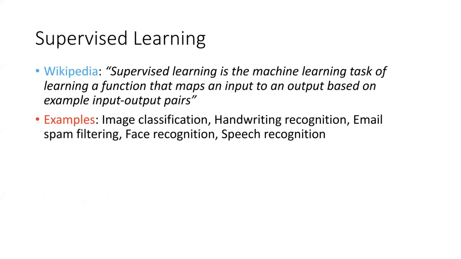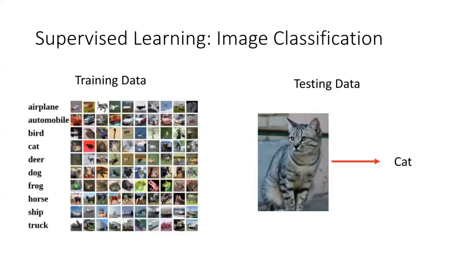The most famous example of supervised learning, or the application area, is image classification. You can use it for handwriting recognition, email spam filtering, face recognition, speech recognition, etc. So typically when I tell my students what machine learning, or especially supervised learning, is, I give this example of image classification, essentially identifying cats versus dogs.